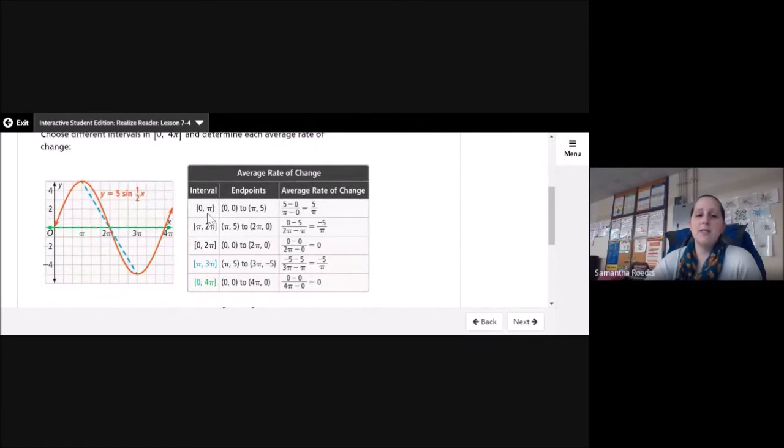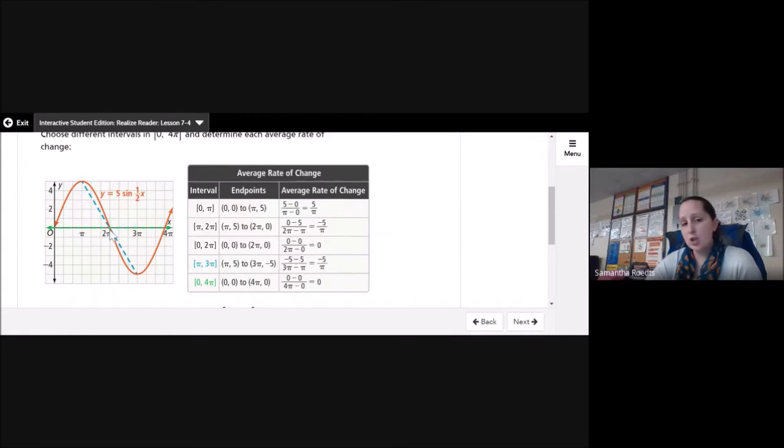From 0 to pi, I have the points 0, 0 and pi, 5. So I find the rate of change: 5 minus 0 gives me 5, and pi minus 0 gives me pi. So I have 5 over pi. That's my average rate of change.